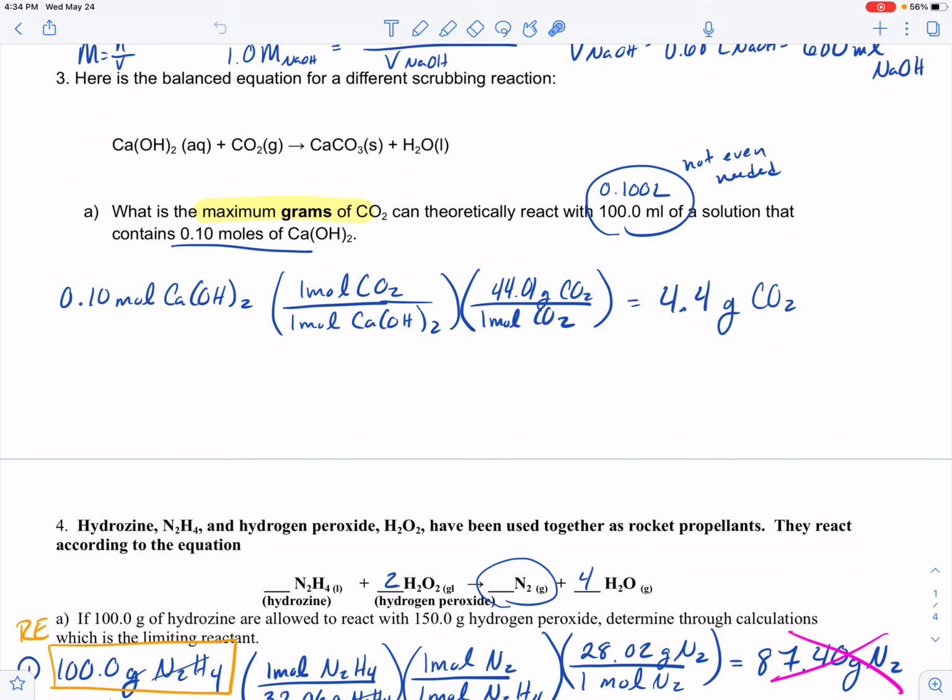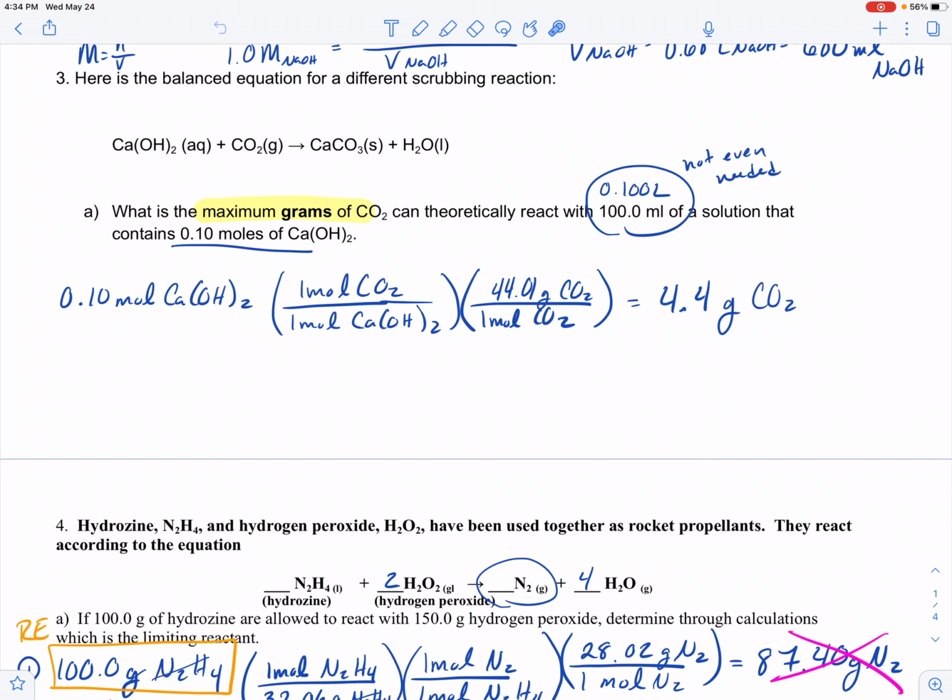And what I realized here is that you're already in moles of calcium hydroxide, and you're trying to get to grams of CO2, so you don't even need this information over here because I'm not asking you anything about molarity for problem 3A. So I'm going to start with my 0.10 moles of calcium hydroxide. I know that 1 mole of calcium hydroxide is going to react with 1 mole of CO2.